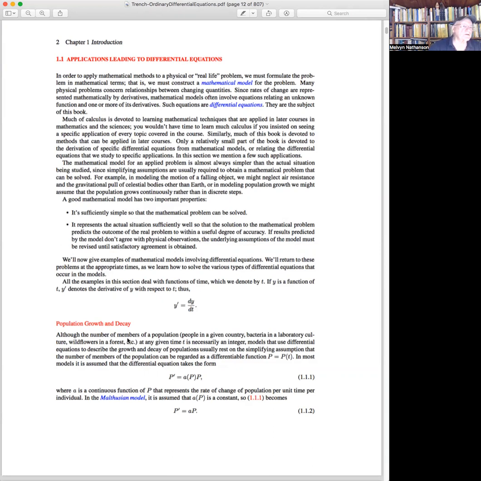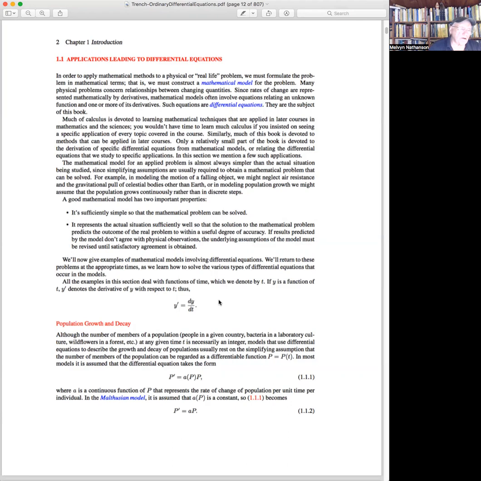So here is a typical differential equation. So y prime is our notation. Y is the function. Y prime is the derivative of y. Sometimes the variable for the function is x. Sometimes it's t. If we think of some function changing as a function of time, we tend to use t as the variable.